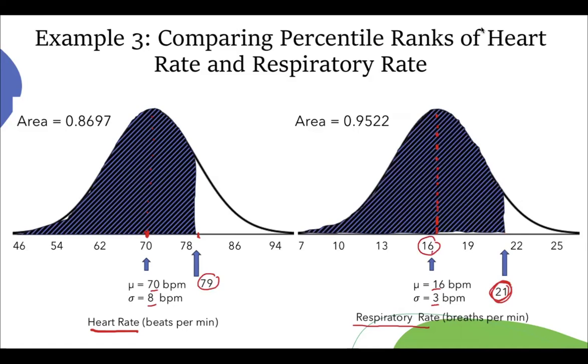So the way we figure these out exactly is by finding the area to the left of the data values. So we're finding the area to the left of 79 in this case.